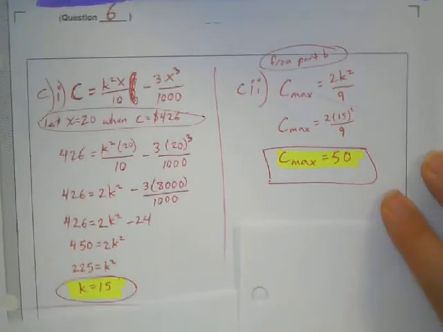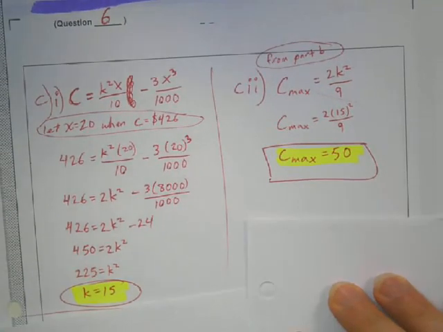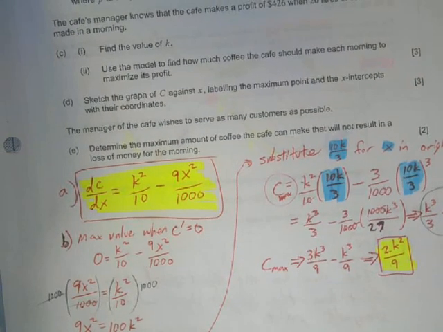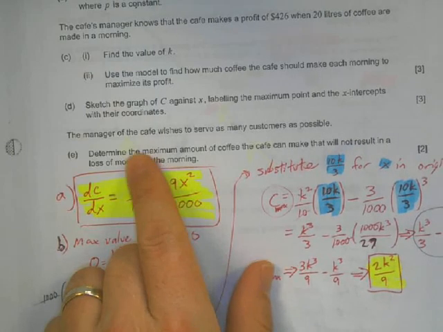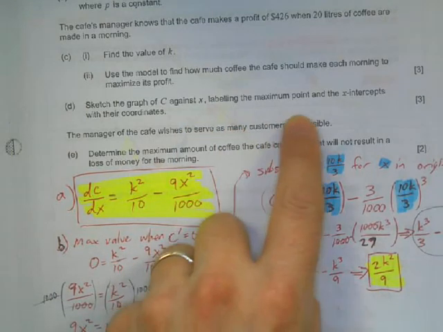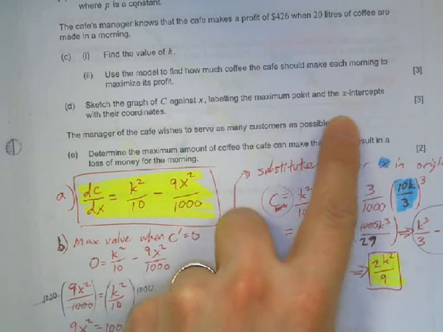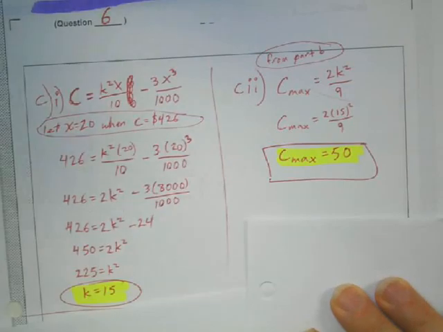All right. Question D says, sketch the graph of C against X and label the maximum point and the x-intercepts. Okay.